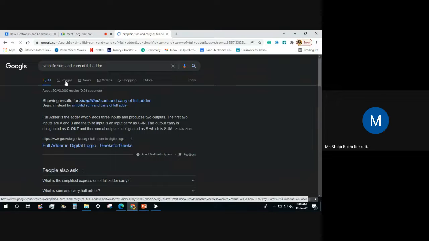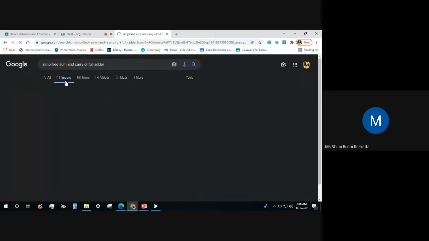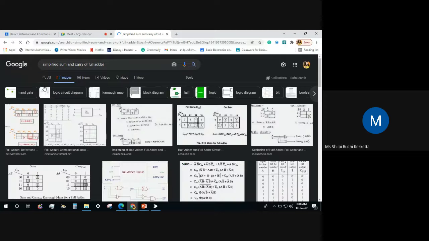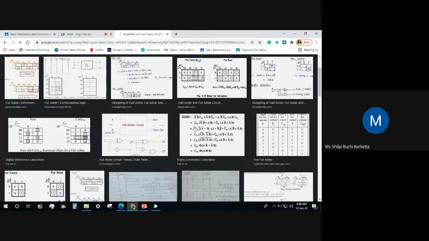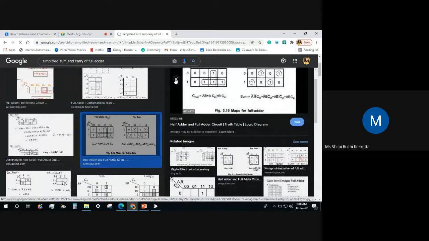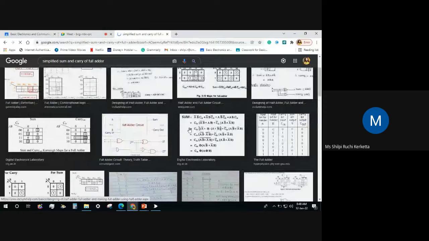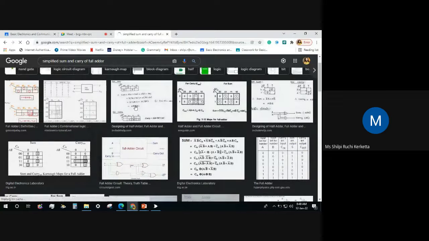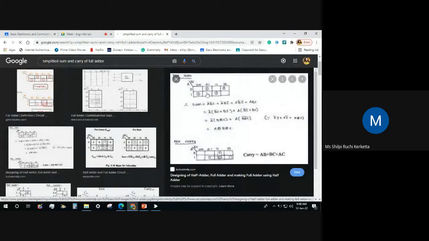If we simplify it, it becomes very lengthy. That's why I'm telling you, just remember this part. If we simplify the sum, they have used the simplification using this K map, but we are not studying this K map.